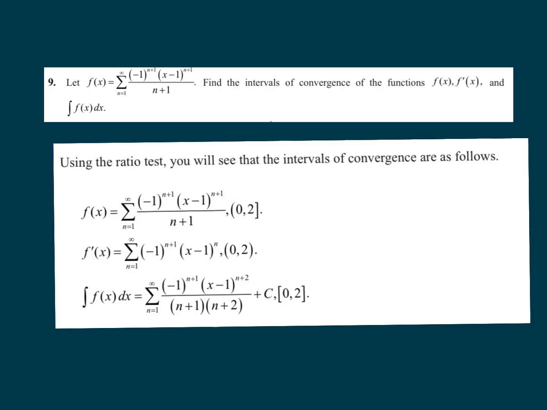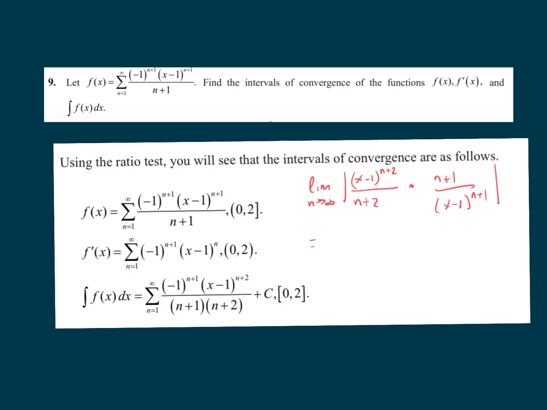We have to take the limit when n goes to infinity of the absolute value of a sub n+1 times the reciprocal of a sub n. A sub n+1 is (x-1) raised to the power n+2 divided by n+1+1, n+2. Multiplied by 1 over a sub n, where a sub n is (x-1)^(n+1) divided by n+1.